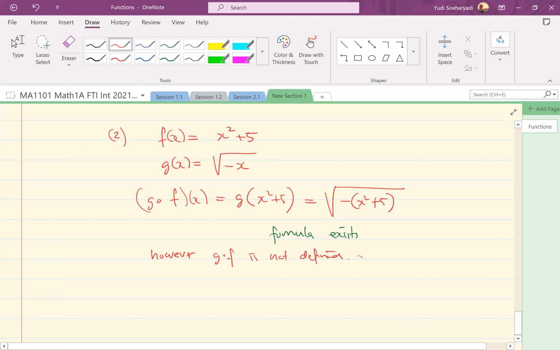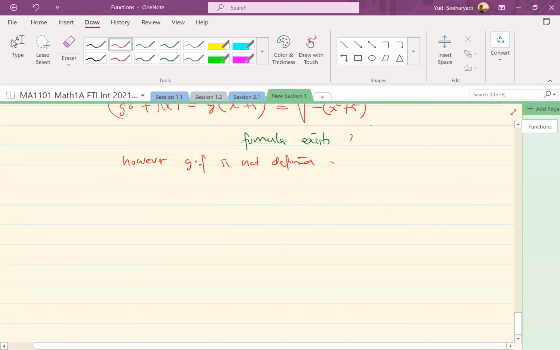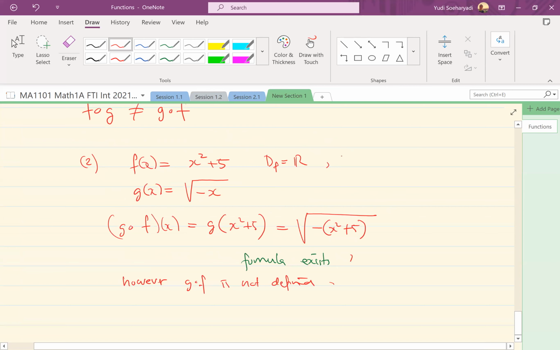Why? Let's compute the range. The domain is everything, right? So you can square any number. And the range: be careful now. When you square a number, you get a non-negative number. You add 5, then it is at least 5. So the range would be at least 5.